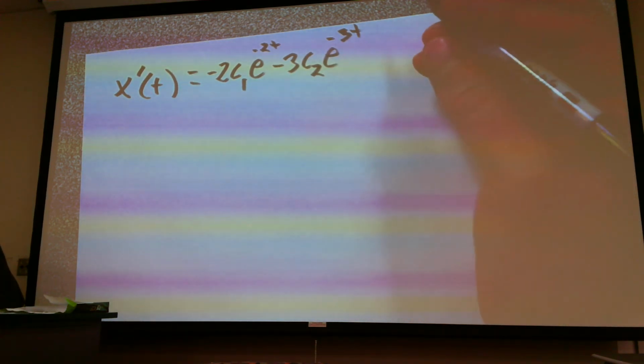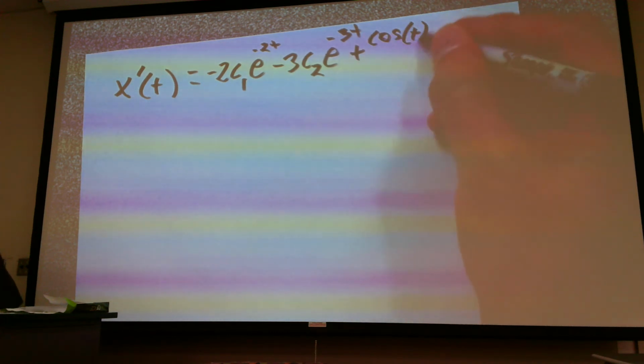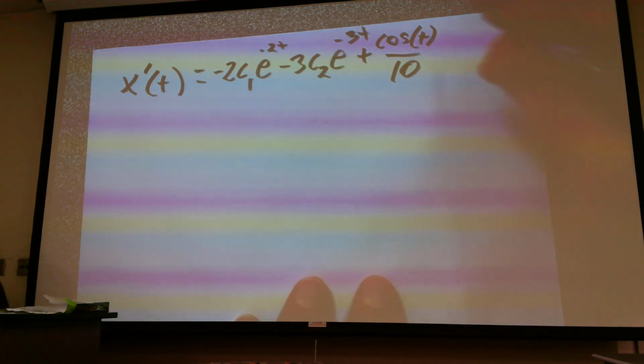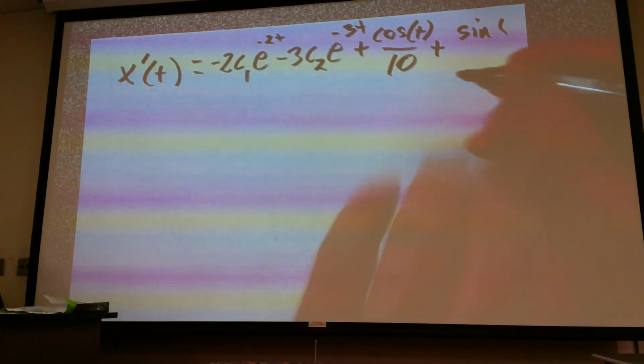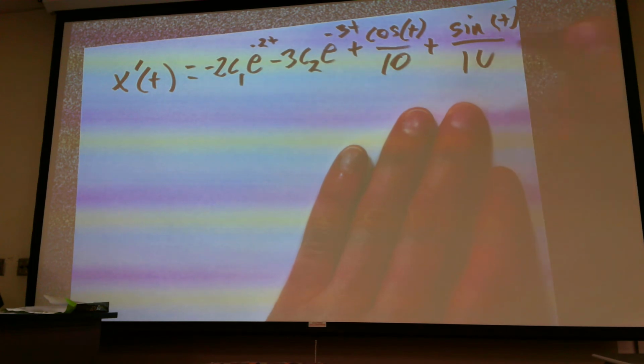Now the derivative of sine is going to be plus cosine of t divided by 10, and the derivative of cosine is negative sine, so that would become plus sine of t divided by 10.